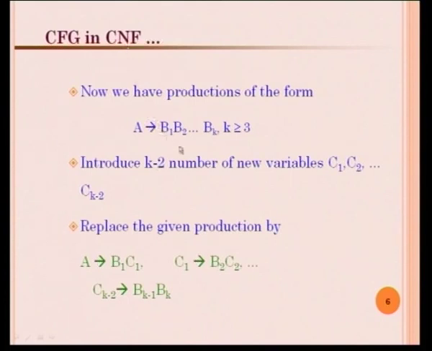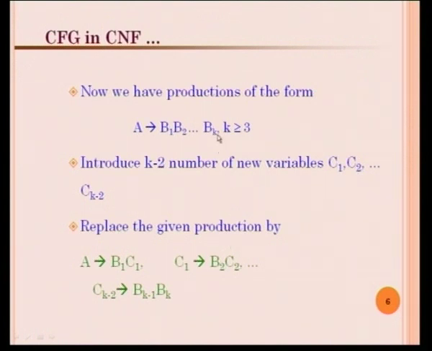So how do you do that? If the production is A derives B1 B2 up to Bk, then we must introduce k minus 2 new variables, C1, C2 up to C(k minus 2), and break the production A derives B1 to Bk into smaller productions.